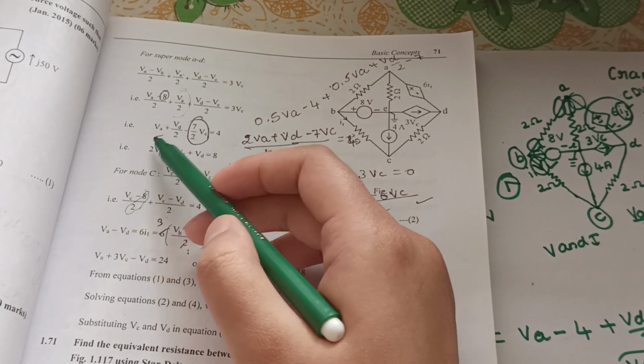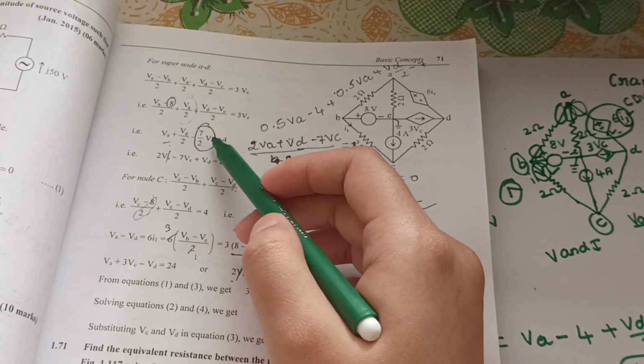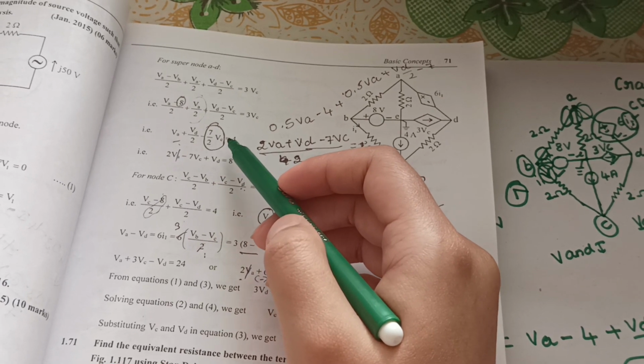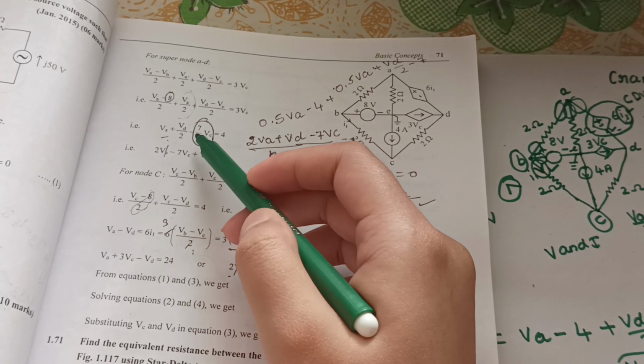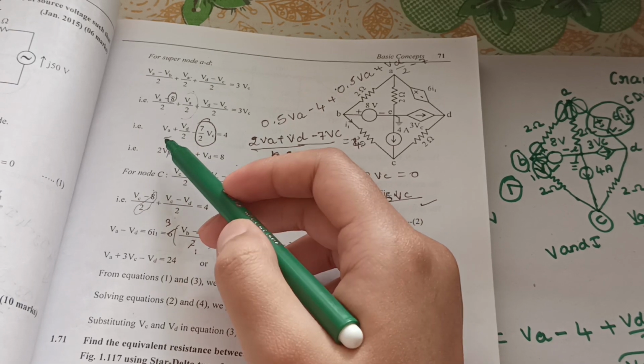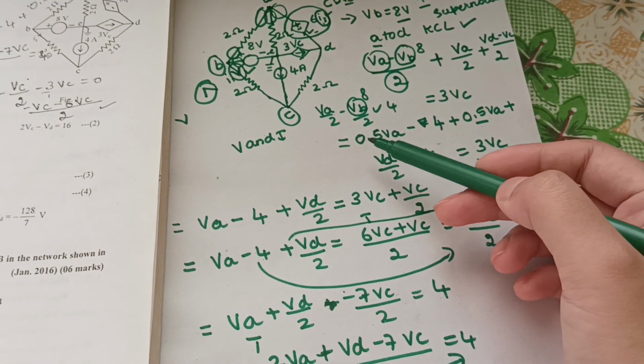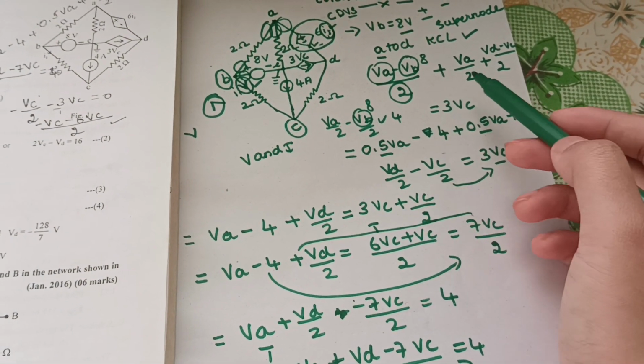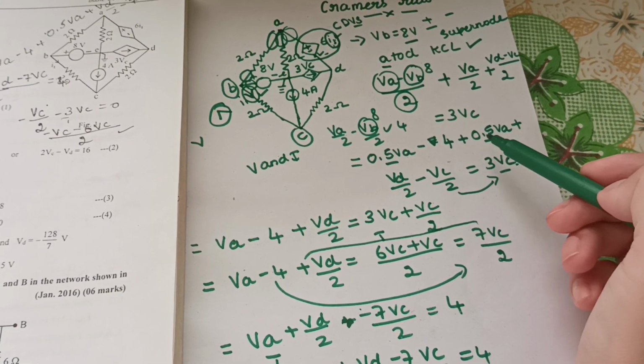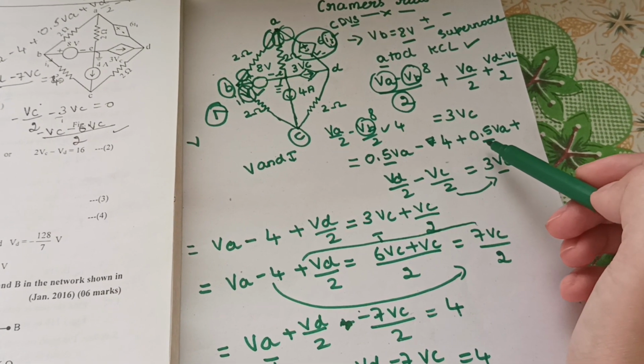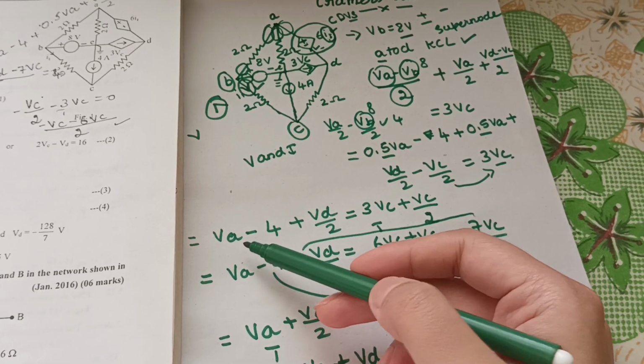Now directly he wrote that VA plus VD by 2 minus 7 by 2 VC is equal to 4. Fine, so he's telling you directly, but he's not telling how VA came into existence. We are telling that this VA by 2, 0.5 VA, and this VA by 2, 0.5 VA, this 0.5 VA plus 0.5 VA is making me VA, right?